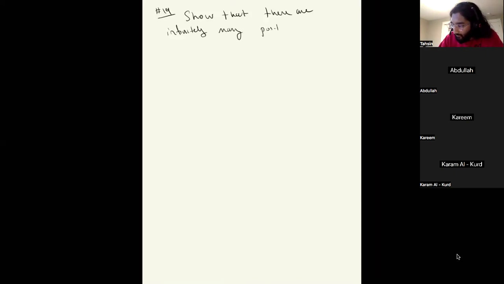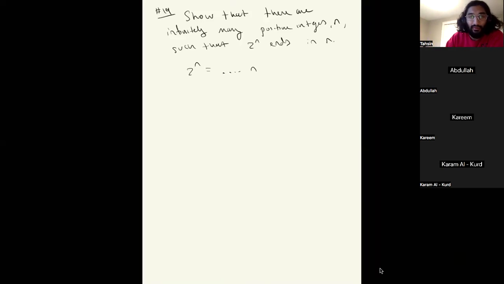Show that there are infinitely many positive integers n such that 2 to the n ends in n. So the decimal representation is like many digits and then n, right? So does the question make sense?